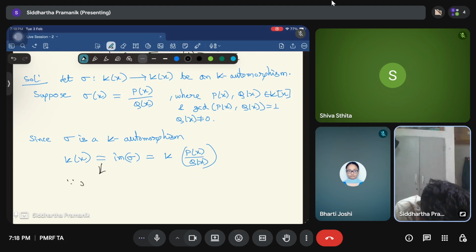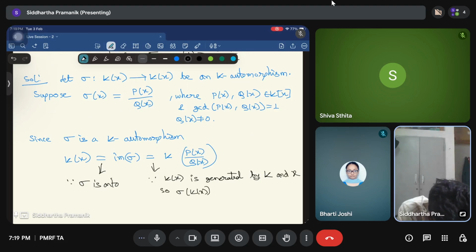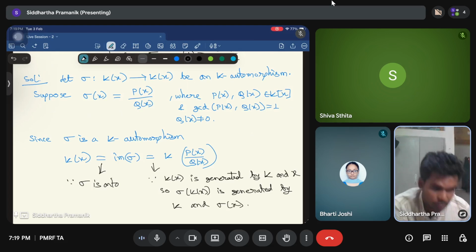Because sigma is onto. And why this equality? Because k(x) is generated by k and x. So sigma of k(x) is generated by k and sigma of x, because sigma fixes k.